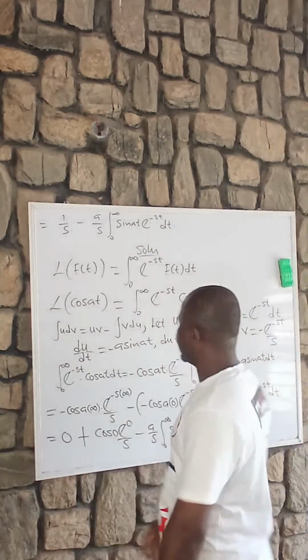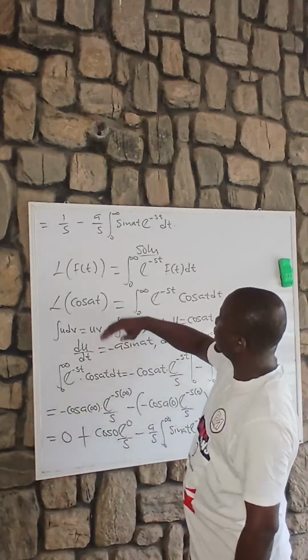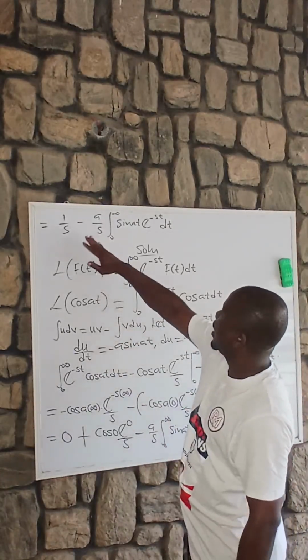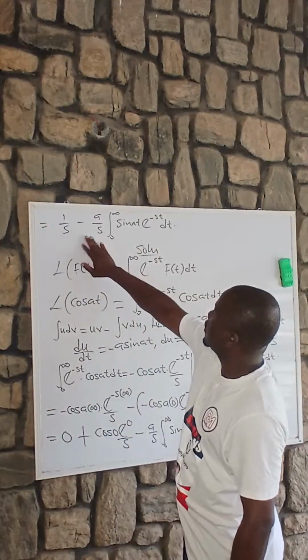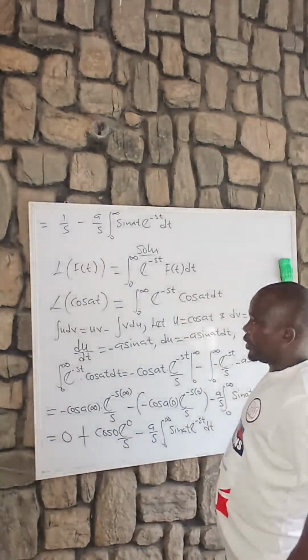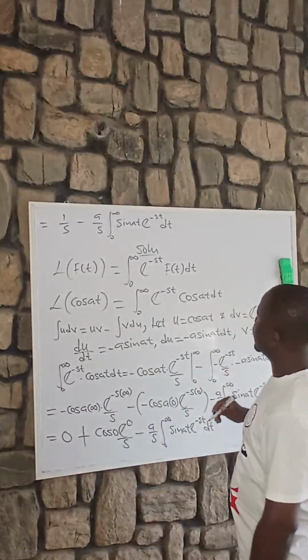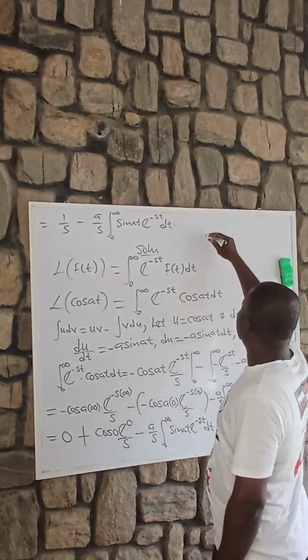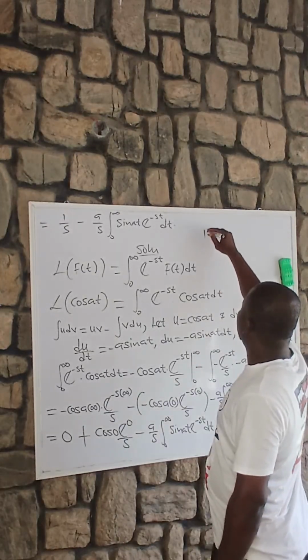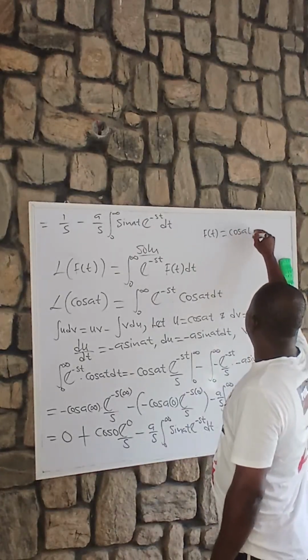In this particular problem, we stopped at this particular point. This was a problem: find the Laplace transform of the function f of t equals cos at.